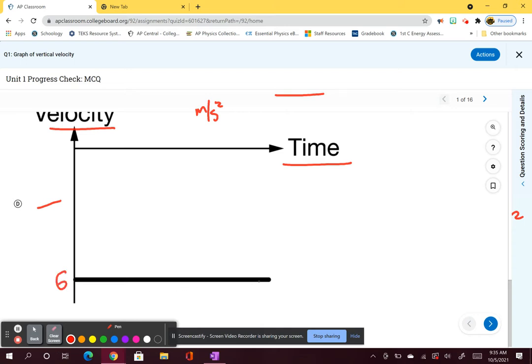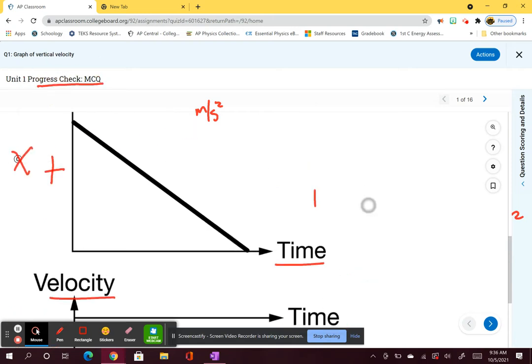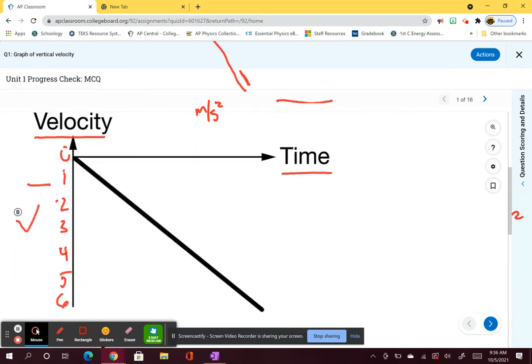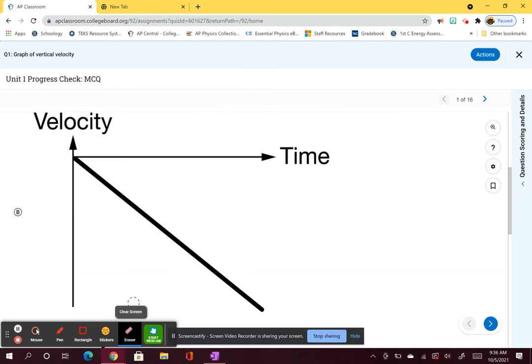It's constant. That doesn't work because it's accelerating. There has to be a change in velocity. So it looks like our answer is B. Very good. We're going to clear screen, and we're going to move on to the next question.